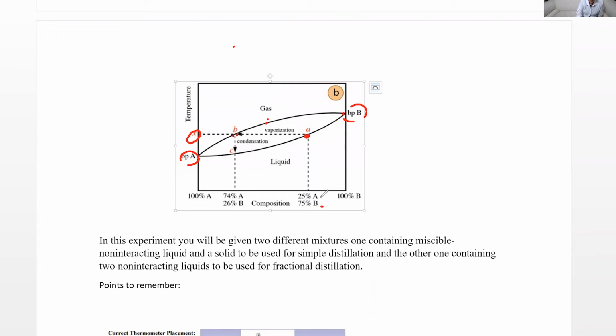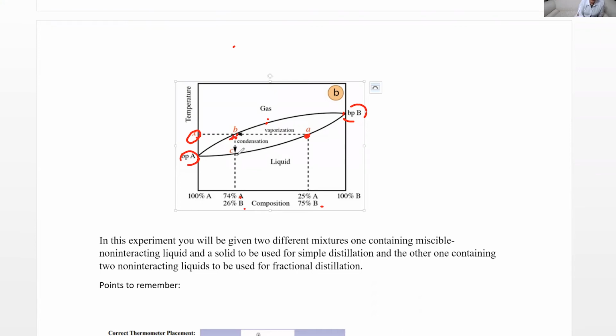So the 25% and 75% mixture of A and B at temperature X is going to start boiling. But when you look at the vapor composition here, it is going to be 74% A and 26% B, because of the vapor pressure of B being low, so you get more of A in the vapor.